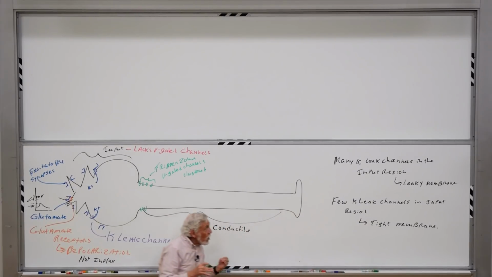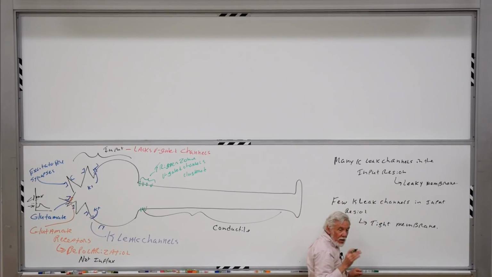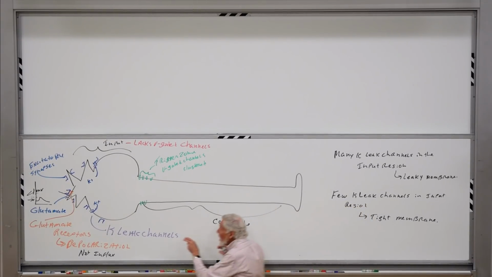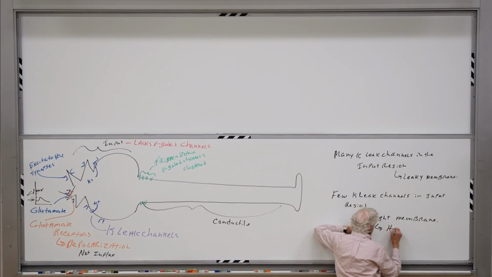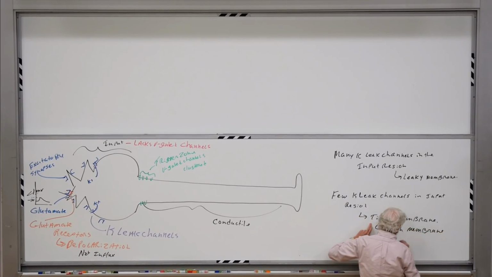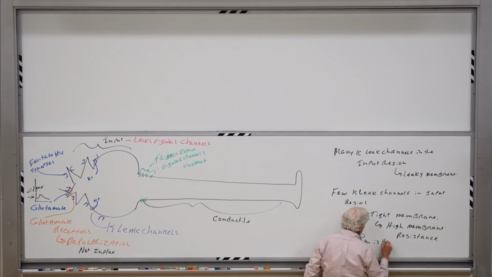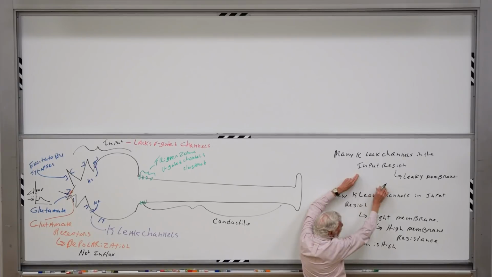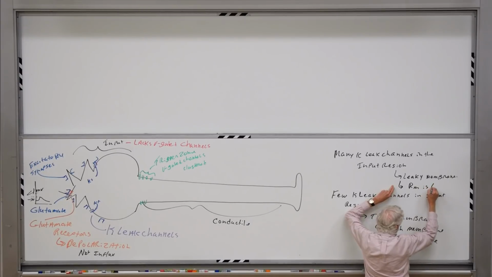We can now describe the tight and leaky membrane in terms of their resistance to ion flow. If it's a tight membrane and not many ions can leak out across it, we can say that this tight membrane has a high membrane resistance. We can say R sub m is high. On the other hand, where we have a leaky membrane, we can say R sub m is low.